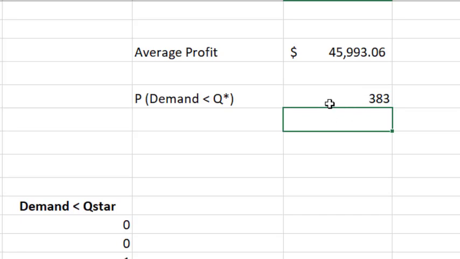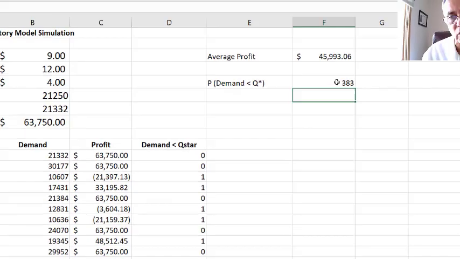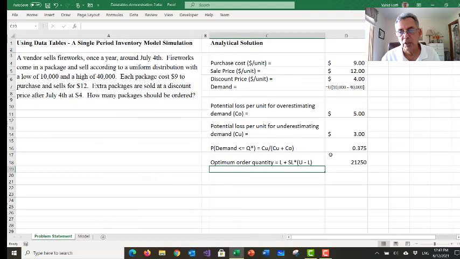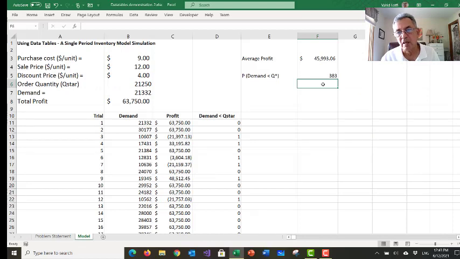Well, notice that this value of 0.38 is approximately equal to the number that we have found here. Remember, these are random trials, so each time they change, but they're approximately the same. For example, if I just put a number here and change that number, see what happens, it goes to 386.